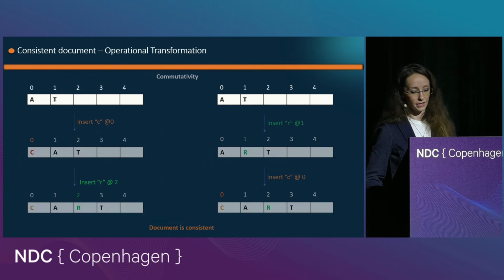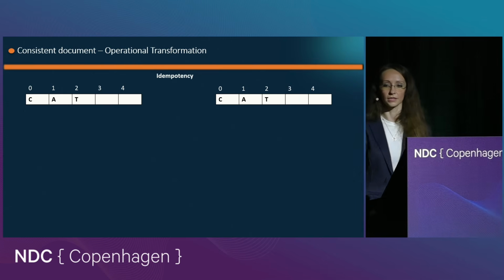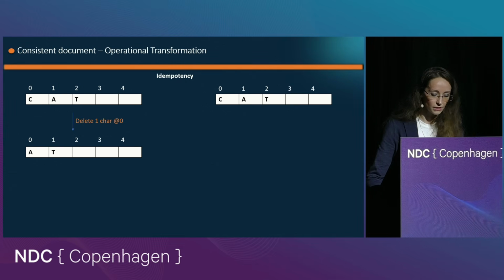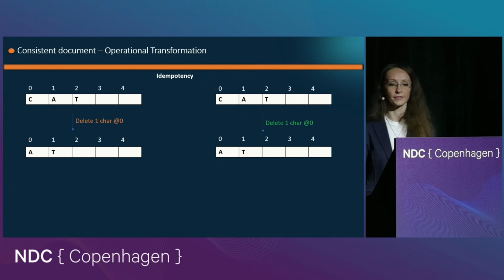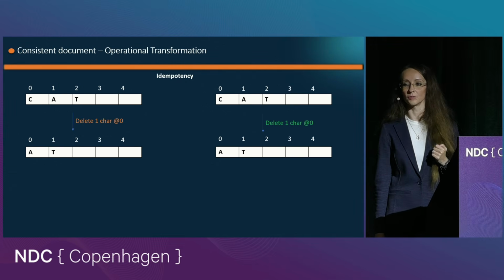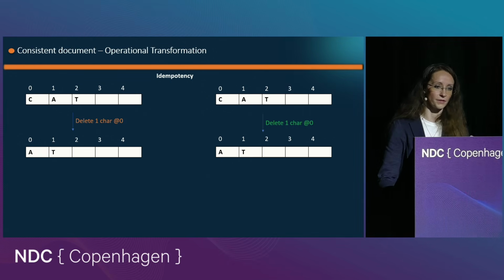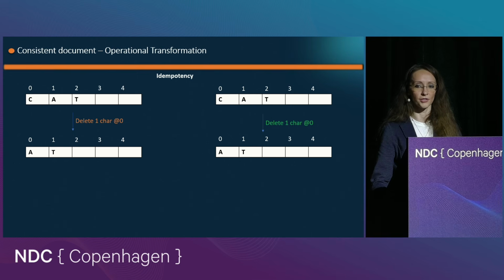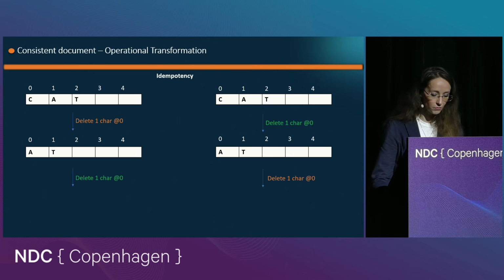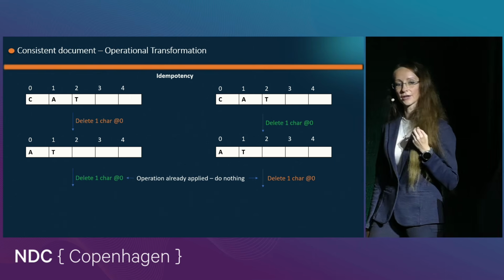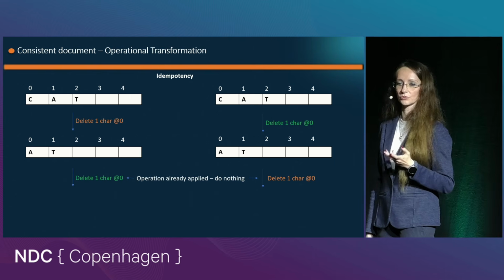Let's look at the other example, for the delete operation, with the idempotency part. Both of the users removed, or tried to remove, the first character. Previously, the notification went through and reapplied the same operation and deleted even more than it was supposed to. But this time, when we receive the notification, we check if that operation was already applied.